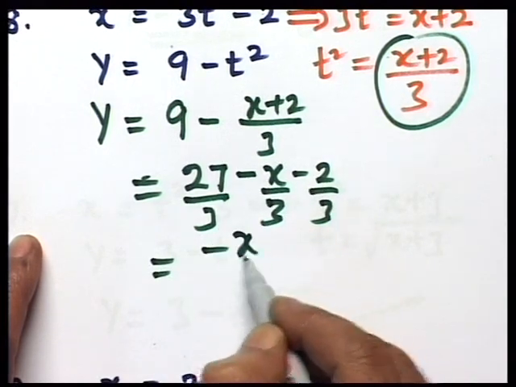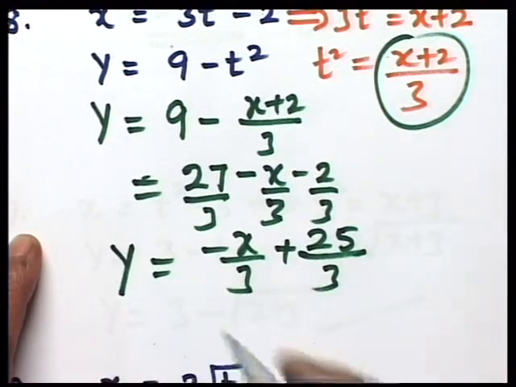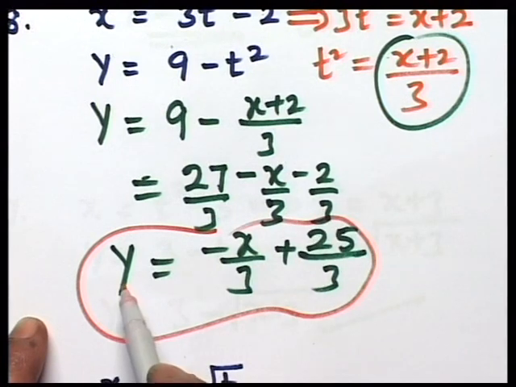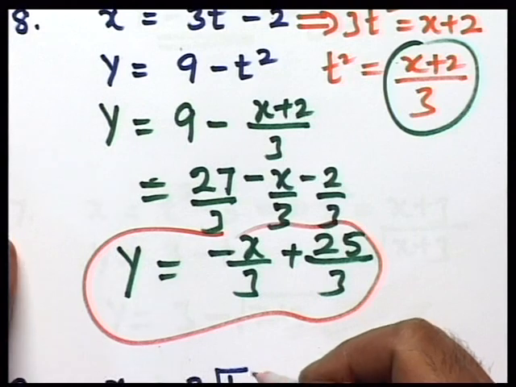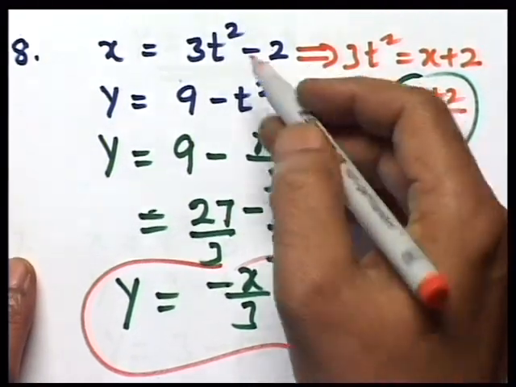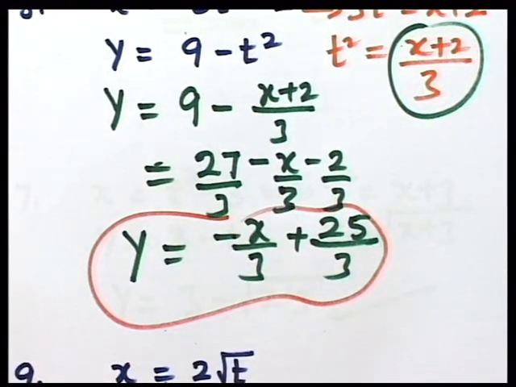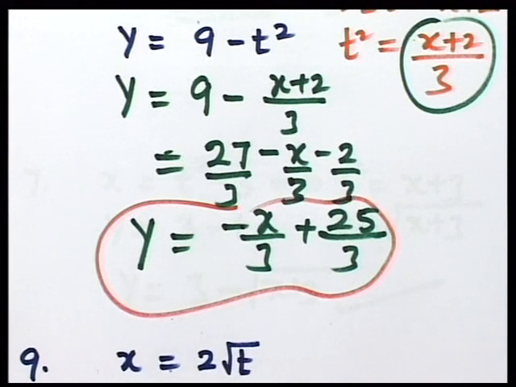I can say y equals to minus x over 3 plus 25 divided by 3. So that's the proper form. Now it looks like y equals to mx plus c. We know the gradient is minus 1/3. So the Cartesian equation of that parametric form is actually a straight line with a gradient minus 1/3. And the y-intercept, please, is 25 divided by 3.